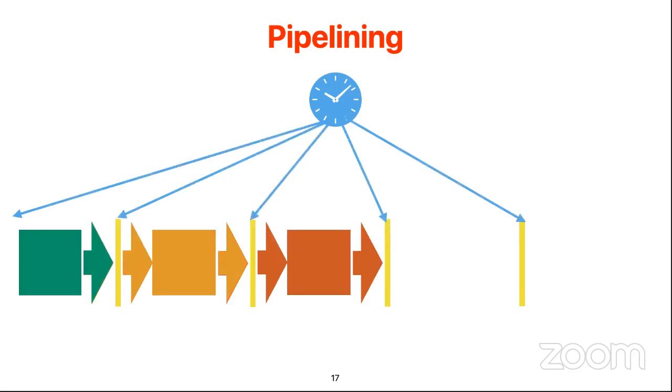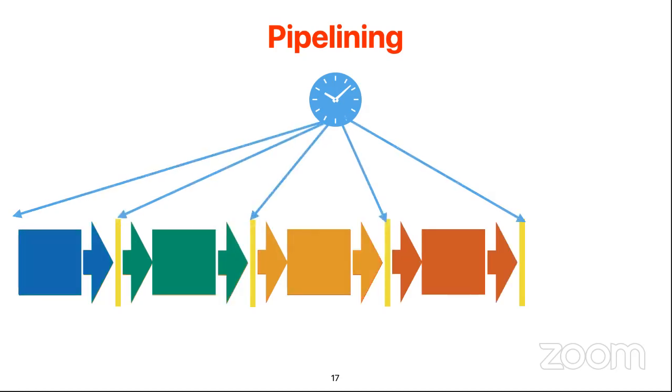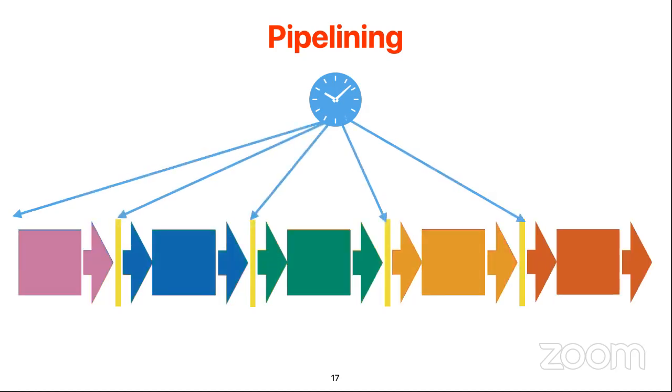And when the next clock cycle comes in, the red job will move to the next stage, and the orange can move to the second, and it frees up the first part of the circuit for the new job. Whenever new jobs come in, we will keep advancing your tasks until we finish. So that's the concept of pipelining.